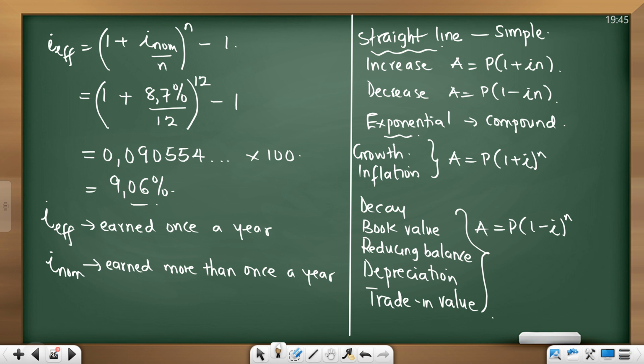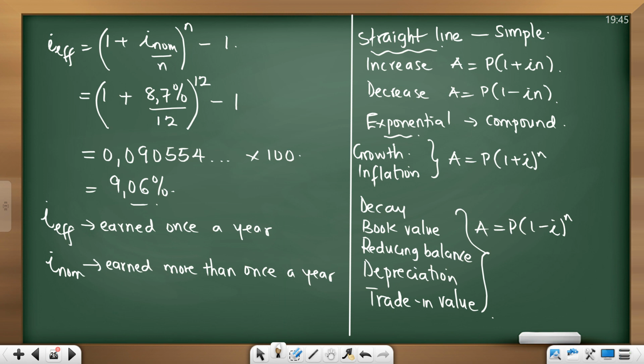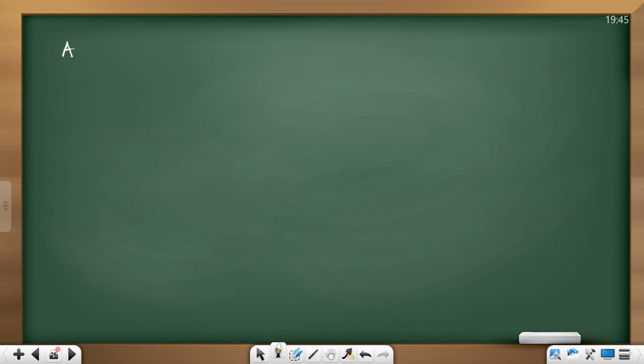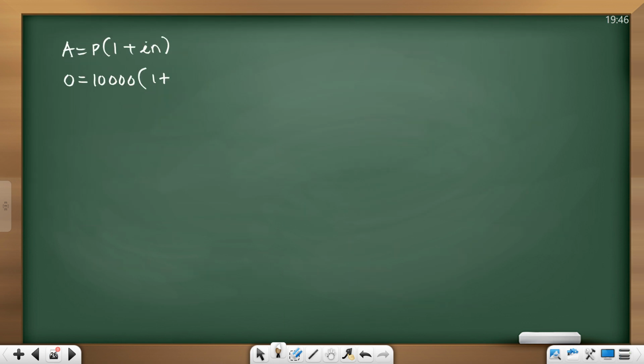Okay. Let's quickly answer this question. So what is our A? After how many years, we're looking for N, will the laptop have a value of 0? From how much? From 10,000. That says simple interest. A is equal to P 1 plus I N. Do we know the interest? What was the straight line method? So it's 20 divided by what?